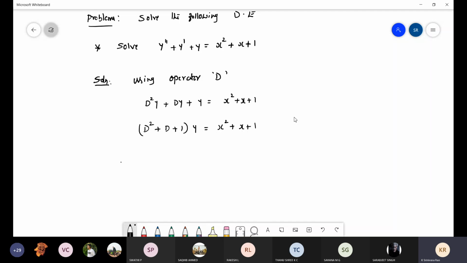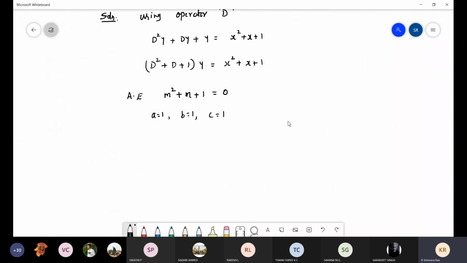Auxiliary equation: m square plus m plus 1 equals 0. Are there any factors? No, sir. So then you have to go with the formula. a equals 1, b equals 1, c equals 1, the coefficient of m square, coefficient of m and the constant.